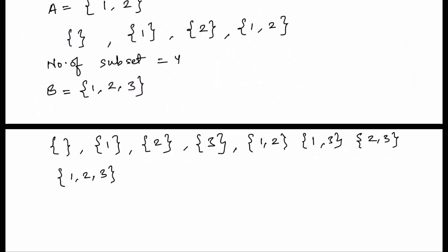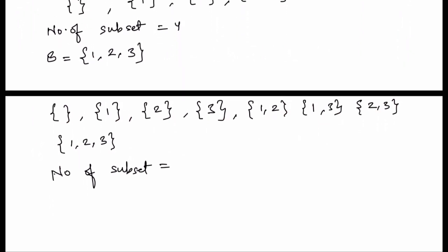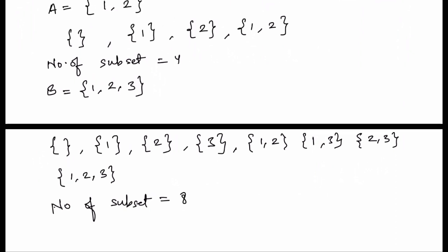Now, we can see the number of subsets has increased. If we count 1, 2, 3, 4, 5, 6, 7, 8, the number of subsets is 8. So if the number of elements in the set is 3, the number of subsets is 8.